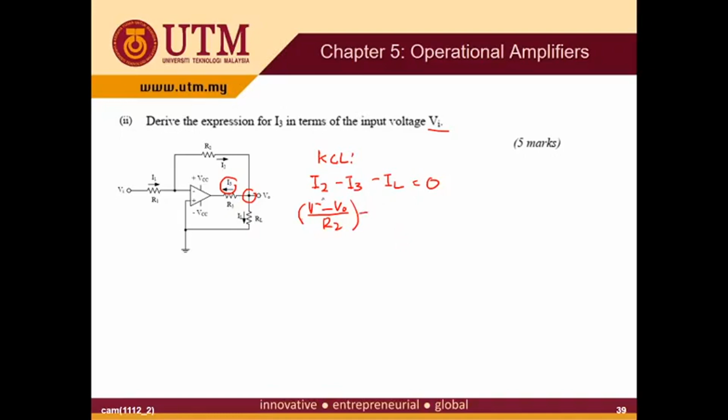and then I3. Since you want to derive the expression for I3, there is no need to define I3 using Ohm's law.